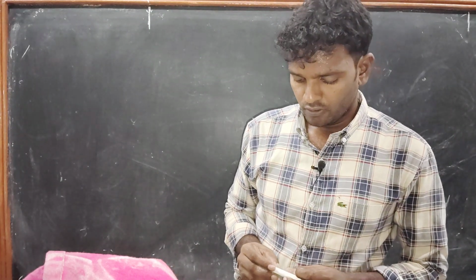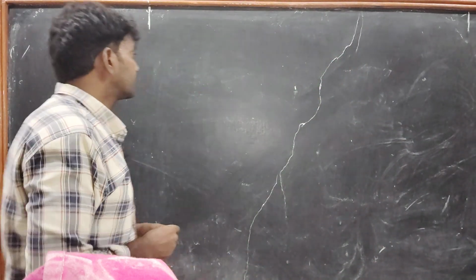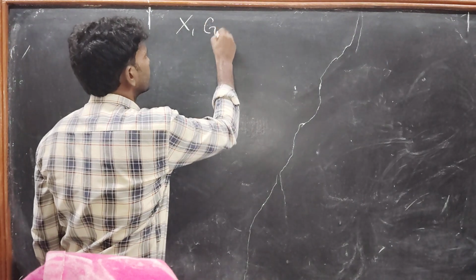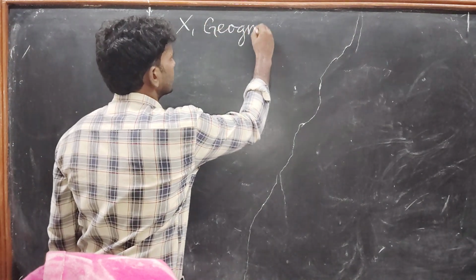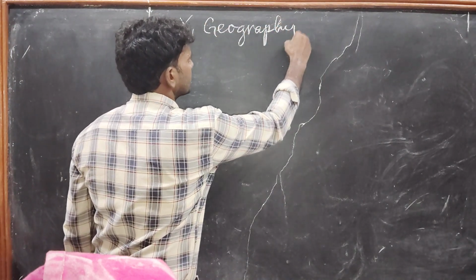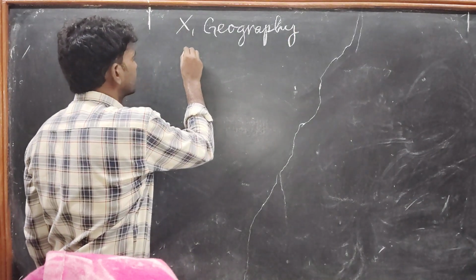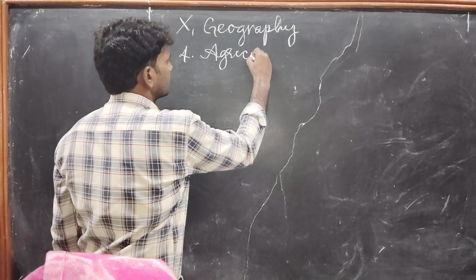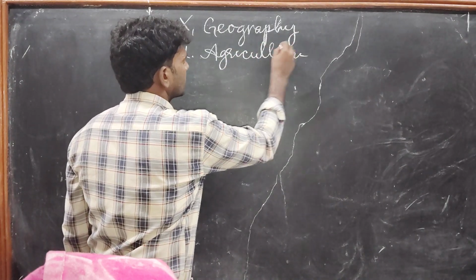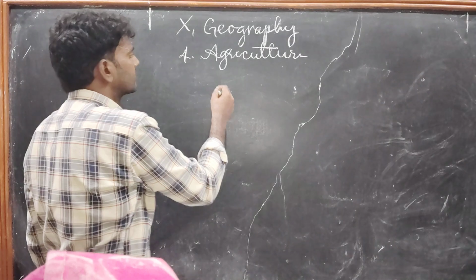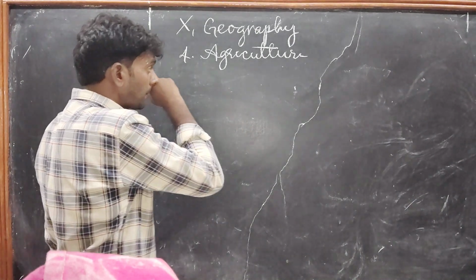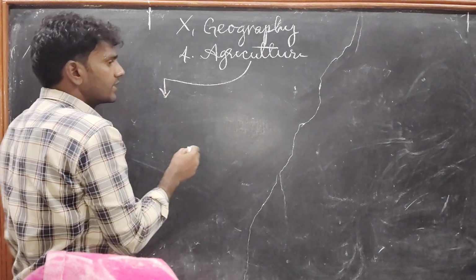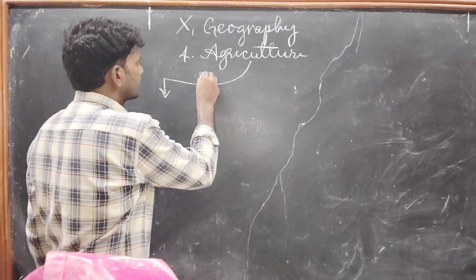Today we are going to discuss a very important topic, the agriculture chapter from class 10th geography. See, what is our chapter name? Agriculture. In this chapter, we already discussed the first part.